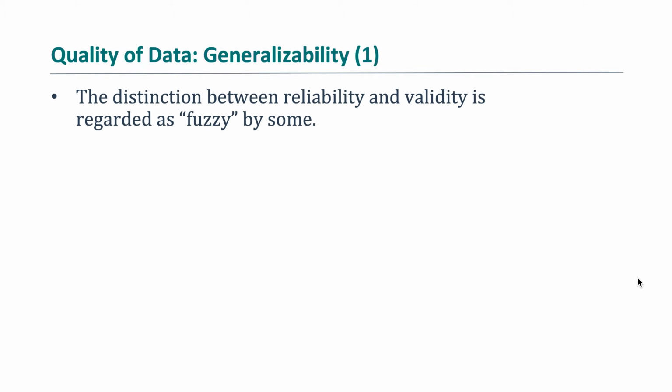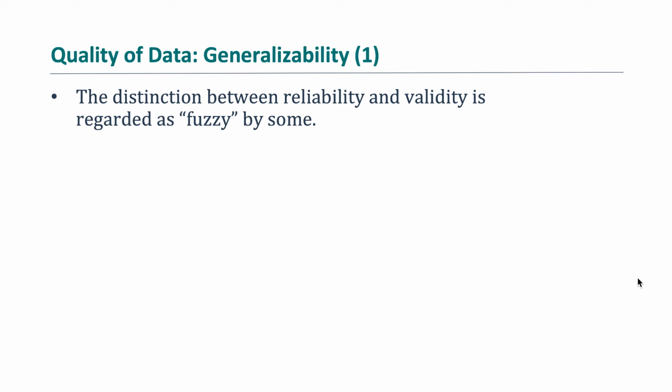When we gather data, we want it to be very generalizable, because we want to be able to say, okay, this is how it is for most people. But this is kind of hard. And so the distinction between reliability and validity is regarded as fuzzy by some. How much can a test be changed before it becomes a different test altogether?